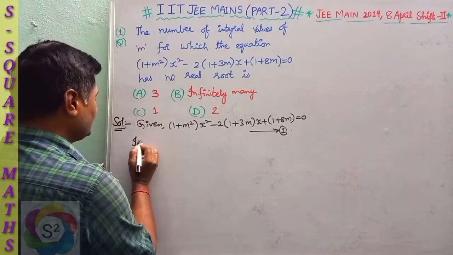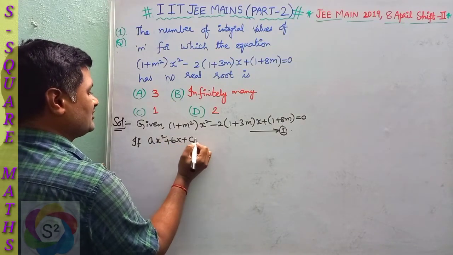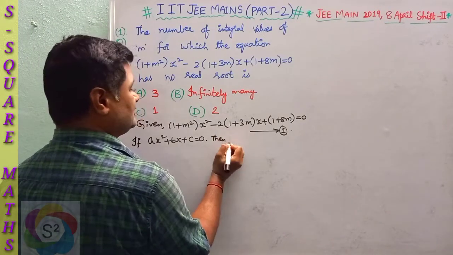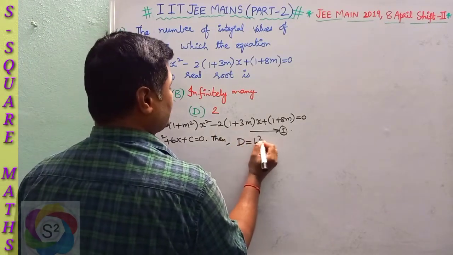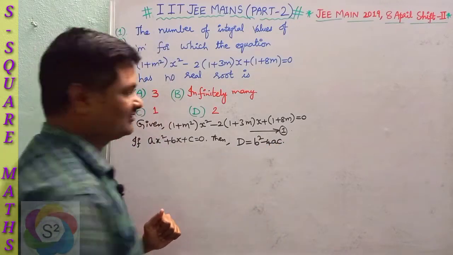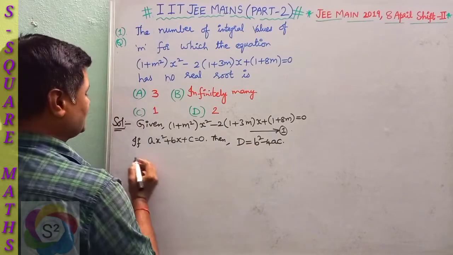If ax square plus bx plus c is equal to 0 is a quadratic equation, then D is equal to b square minus 4ac, which is called the discriminant.